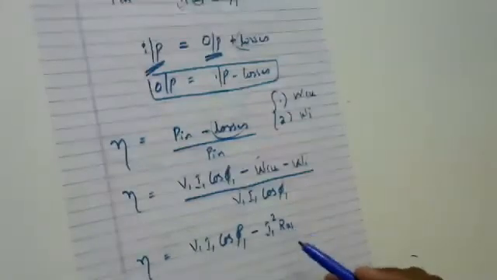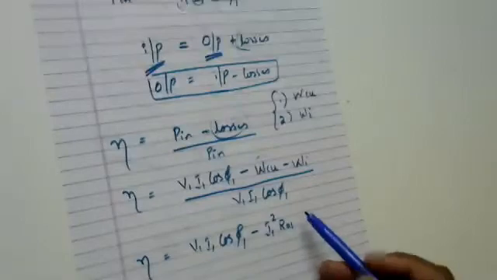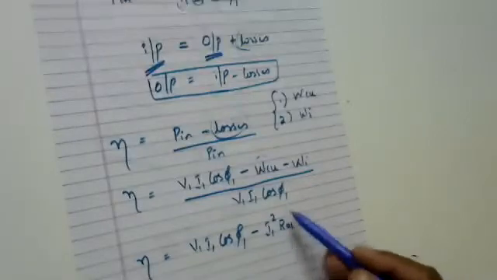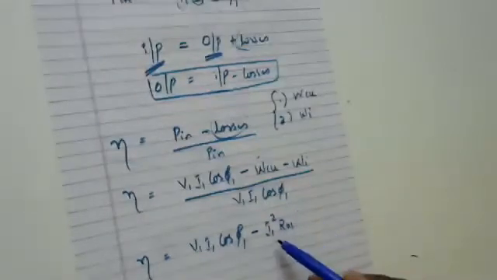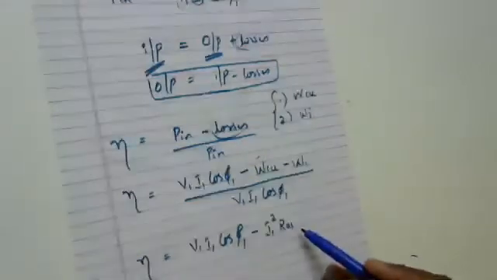In yesterday's session on the equivalent circuit of the transformer, we computed that the total copper loss in a transformer can be defined as I1 square R naught 1.